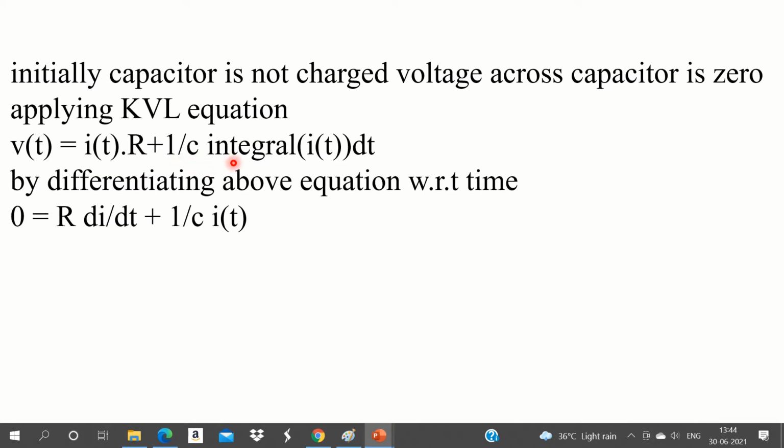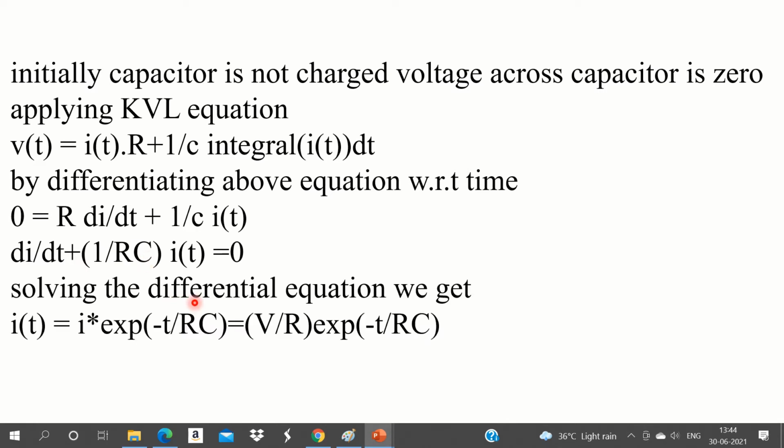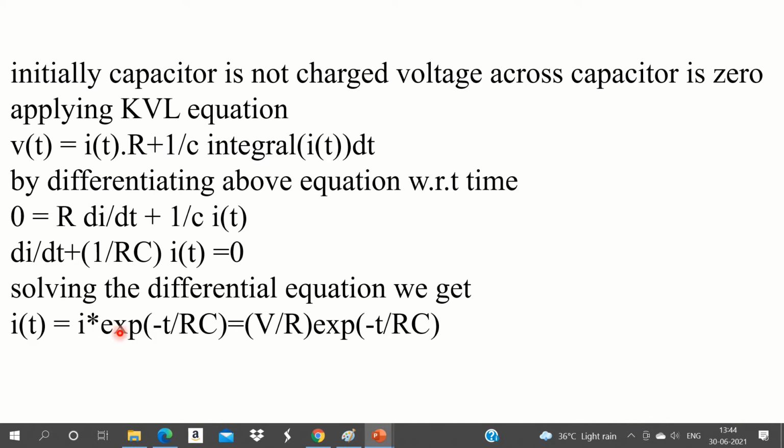The integral is cancelled by the differentiation. If you divide by R, we get di by dt plus 1 by RC into I of t is equal to 0. Solving this differential equation, we get I of t is equal to I into exponential of minus t by RC, where I means V by R.